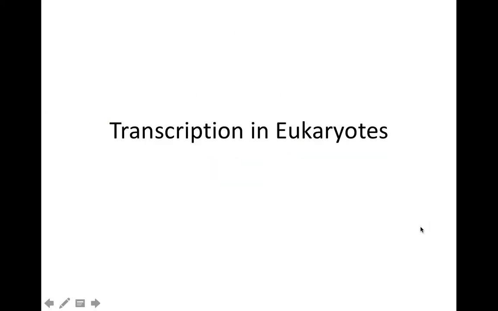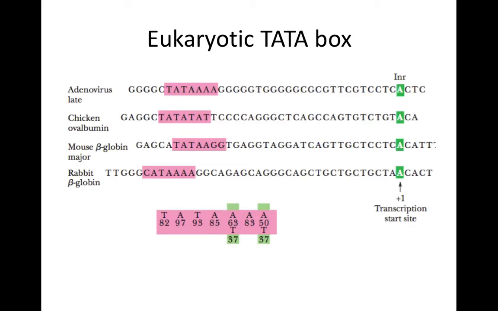Okay. Now let's move on to transcription in eukaryotes. So in eukaryotes, you also have a promoter region. This thing here, the INR, is the transcription start site. And upstream of the transcription start site are these AT-rich regions, which are known as the TATA box.